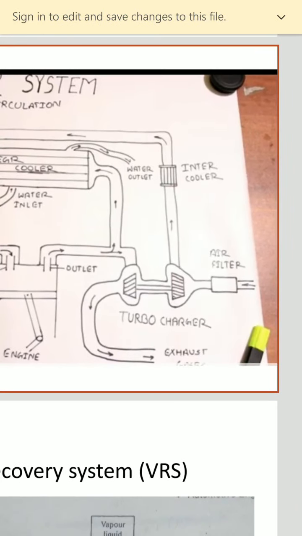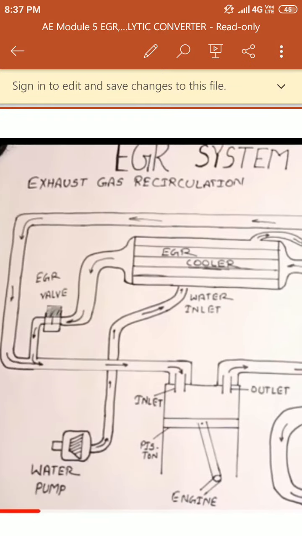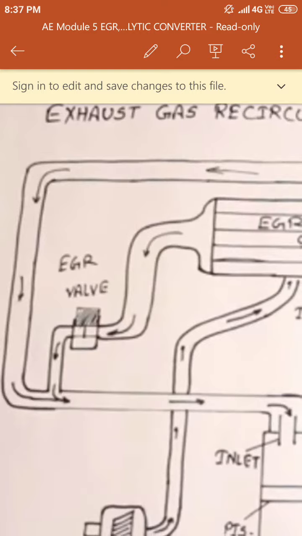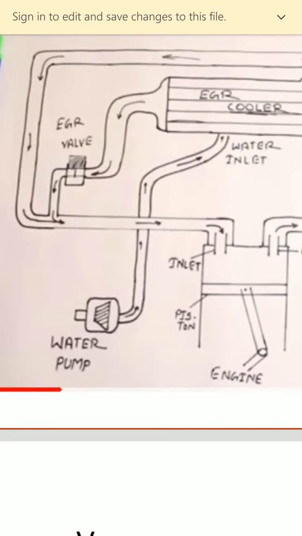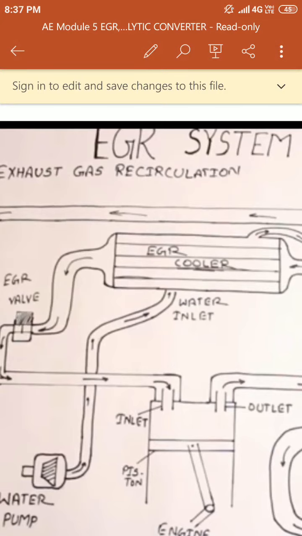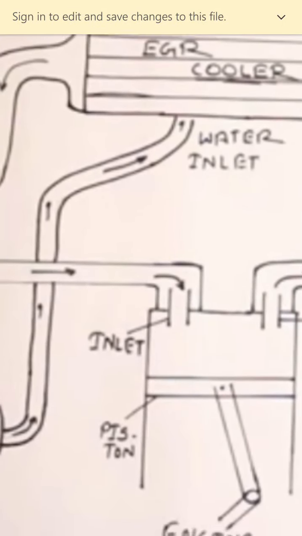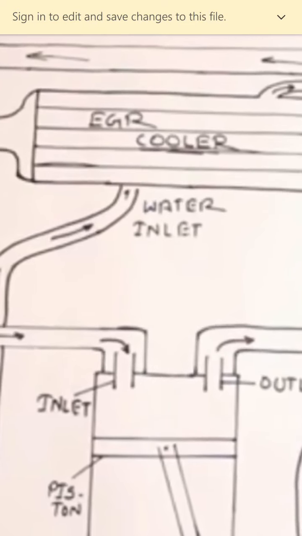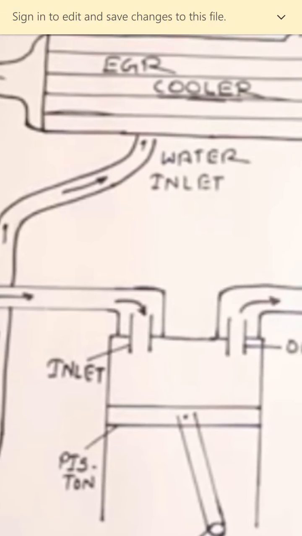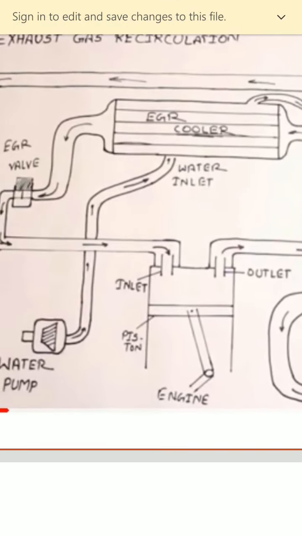The filtered air enters through the intercooler into the engine inlet. Now the air enters the engine cylinder through the inlet of the engine. This air mixes with the fuel, and combustion takes place.